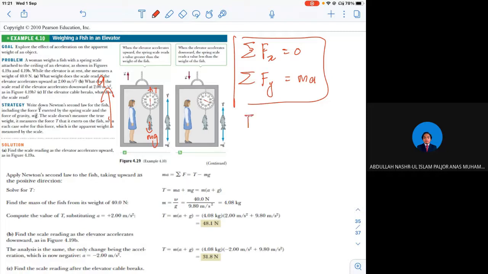So T minus mg equals ma. So T is equivalent to ma plus mg.